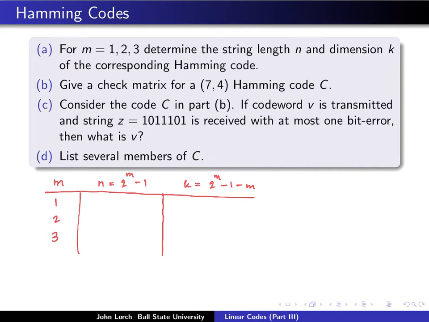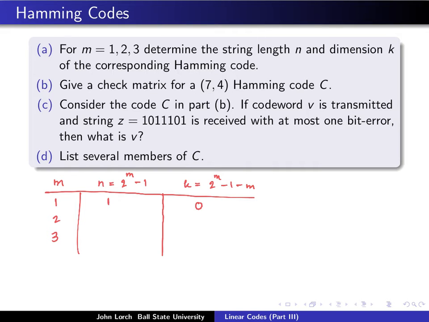So when m is 1, n would be 1, and k would be 0. So what this means is that in this very small case, we're looking at strings of length 1, and the code is of dimension 0, which means that it consists just simply of the 0 string. Okay, when m equals 2, n would be what?